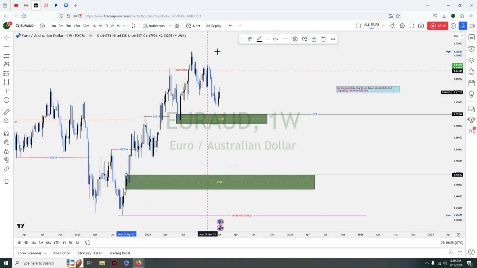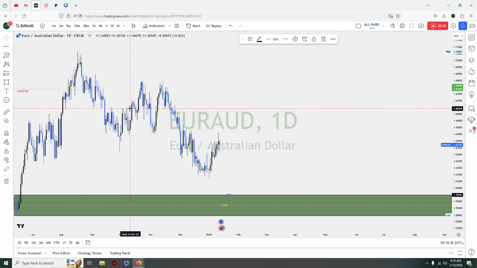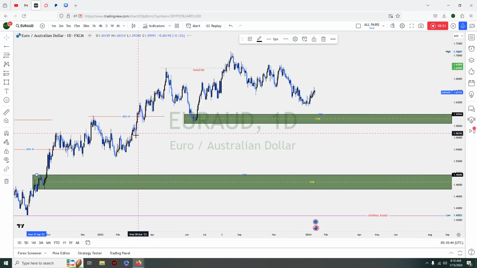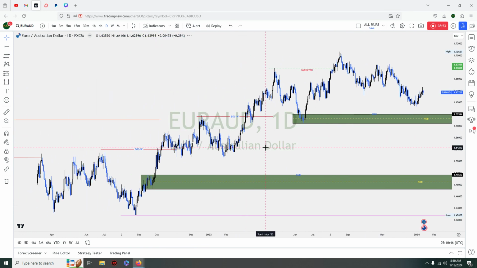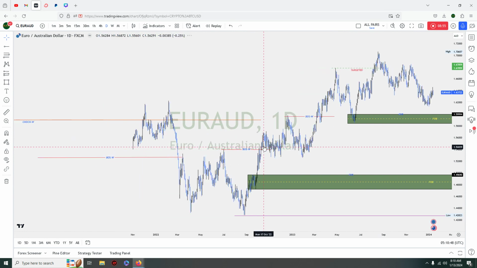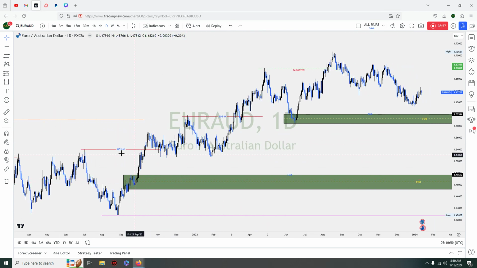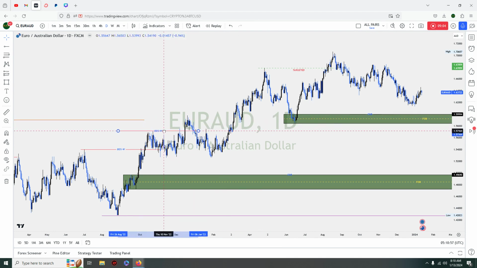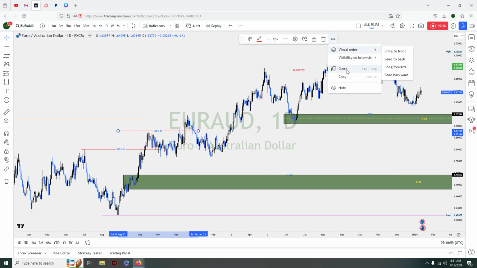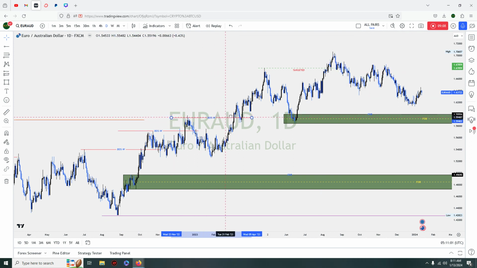So let's go to the daily and refine our work. So on the daily time frame, we still maintain this breakout structure that we had marked out on the weekly, but now I'll have to add another one here, then clone and add another one here.